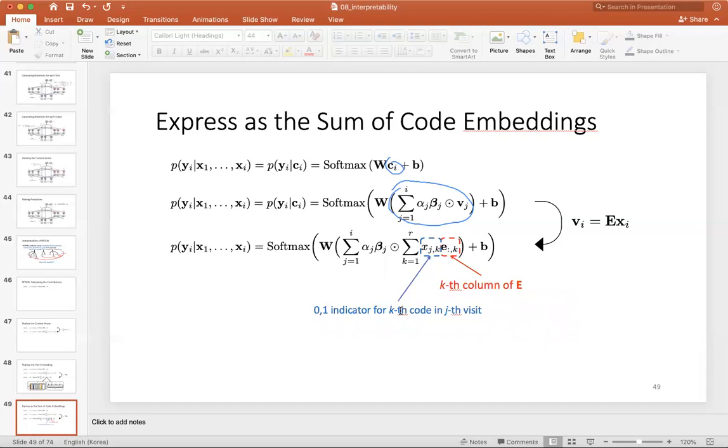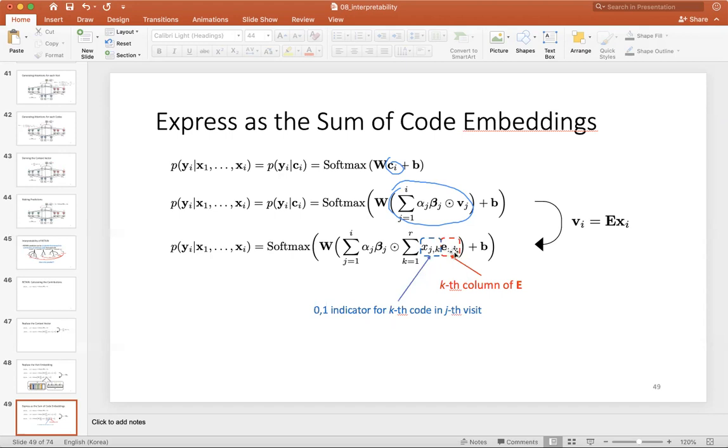There can be many codes in each visit, typically 40,000 codes to be more precise: 10,000 diagnosis codes, 20,000 medication codes, another 10,000 procedure codes. So X would typically be a 40,000-dimension vector, and each dimension will be either 0 or 1, depending on whether that happened in the visit or not. And this here is the MATLAB way of describing a particular column in the weight matrix.